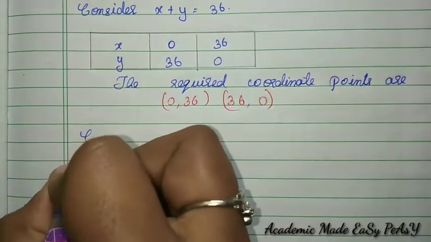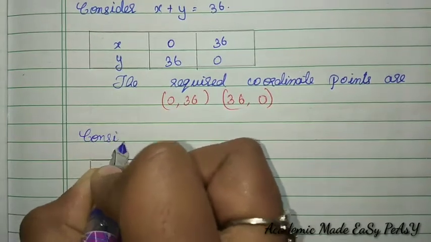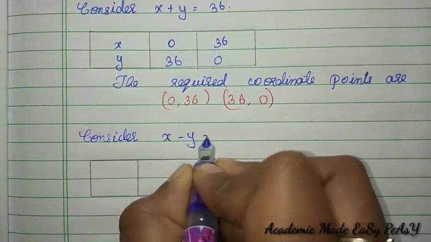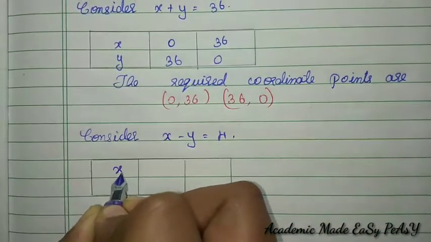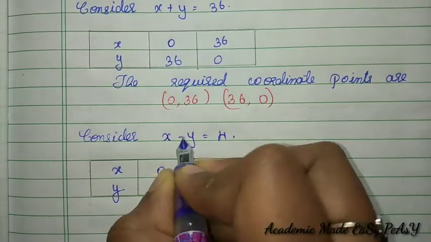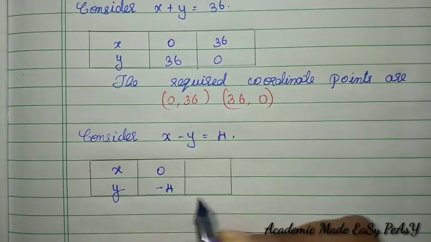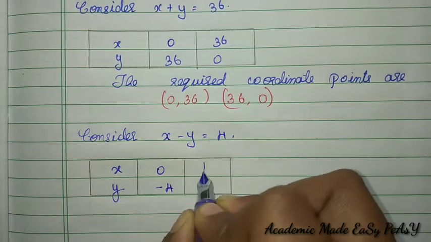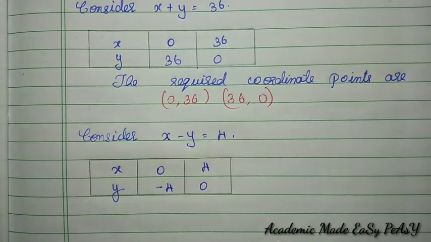So now let us consider x minus y is equal to 4. So x, y. When my x is 0, I will have y as minus 4. When I have y as 0, I will have x is equal to 4.